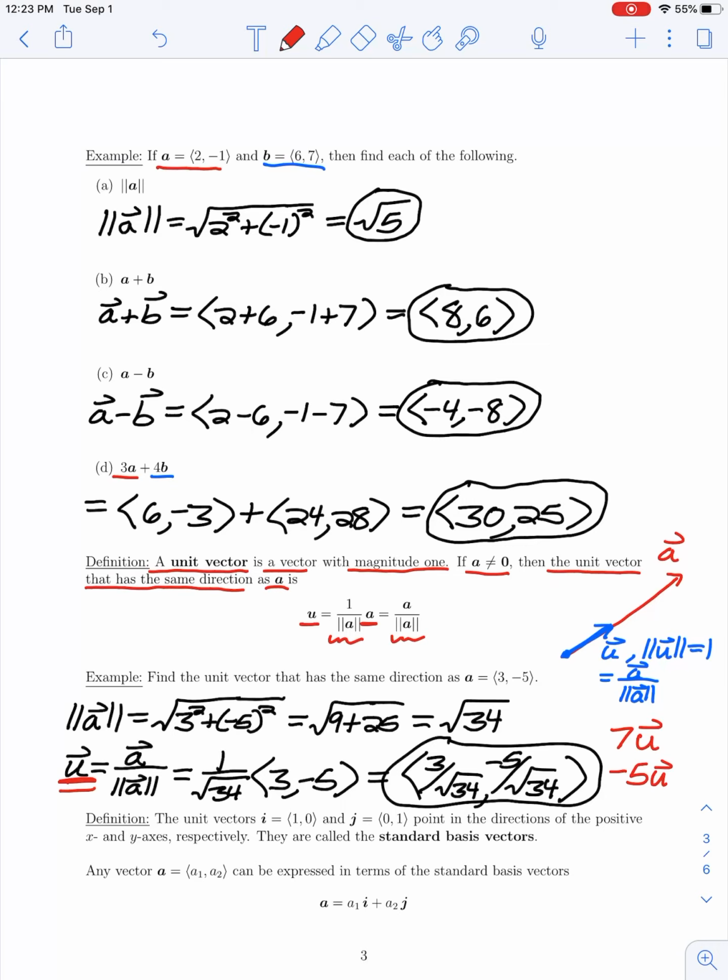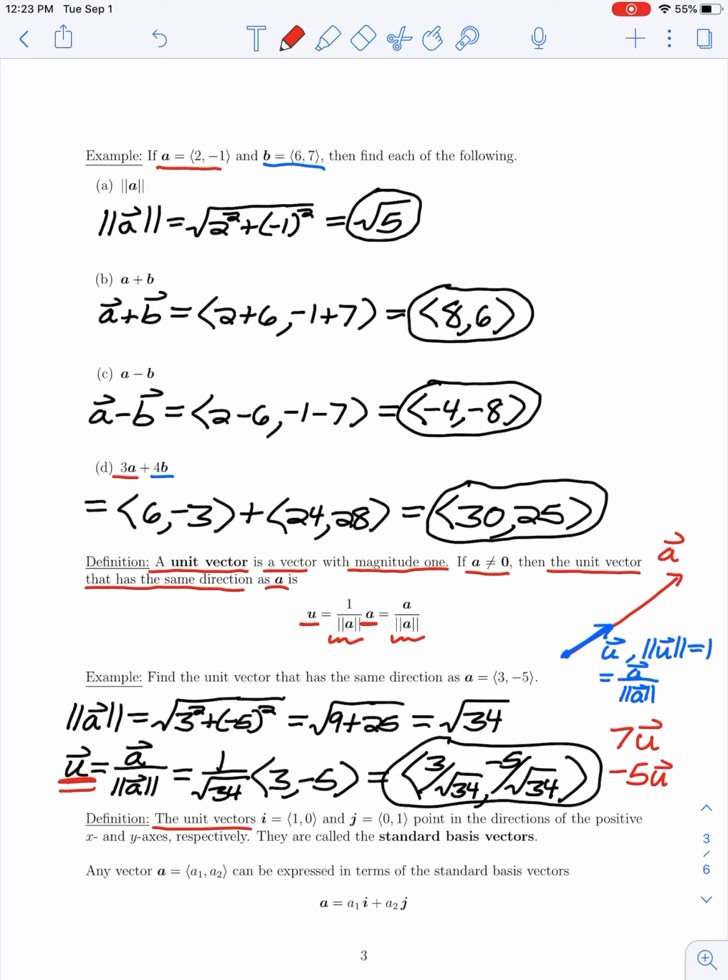All right, and that's a problem that will come up repeatedly throughout the course. So another bit of terminology, or another way that we can denote vectors, is by using a standard basis vector representation. So let's define a couple of special vectors in the plane as follows.